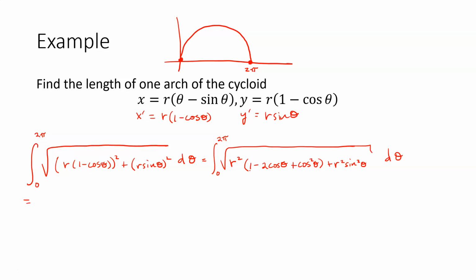I could factor the r squared out from these terms. And then we're left with cosine squared plus sine squared, which we know equals 1. So we'll have 1 plus 1 gives me 2 there.